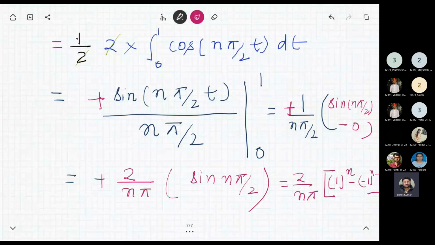When n is odd, what will happen? You will have this divided by 2. You should get 1 only, right? Are you getting my point?